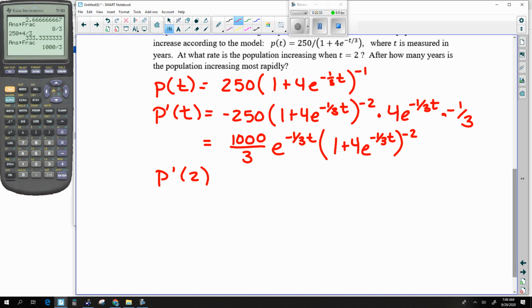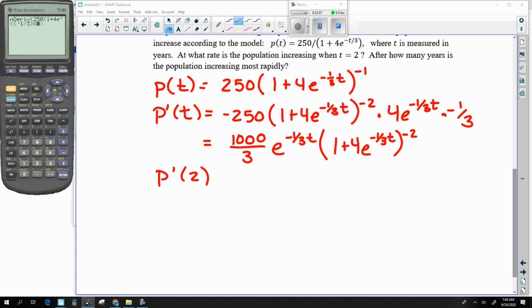All right, so what I'm actually going to do is use the deriv function in my calculator and evaluate it at 2. So I'm going to go math 8, enter the original function. I'm taking the derivative of this, just in case I made a mistake. Let's see here. I'm just going to type it real quick.